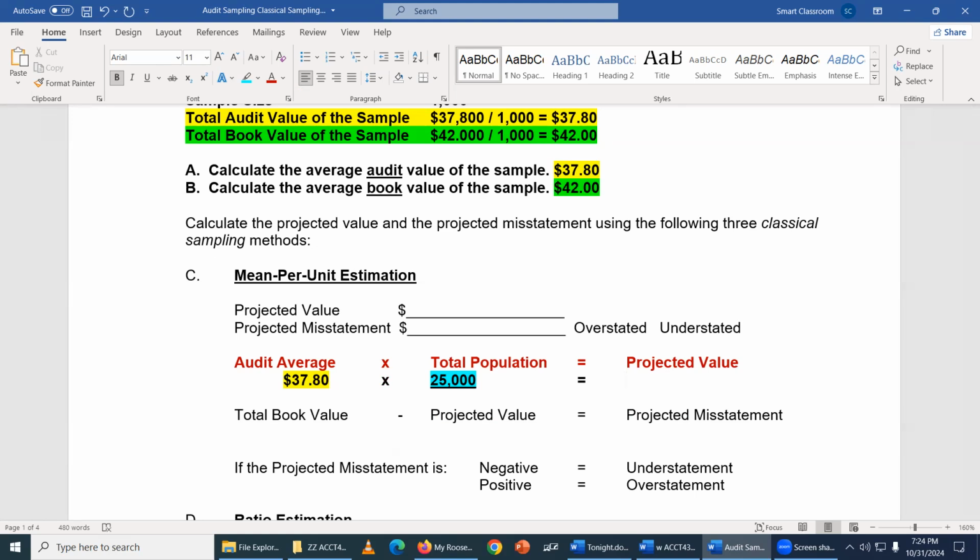So 37.80 times 25,000. It seems like too clean of a number, but yeah, you're right. I must have been paying attention when I did this one. So this will be our projected value for it.